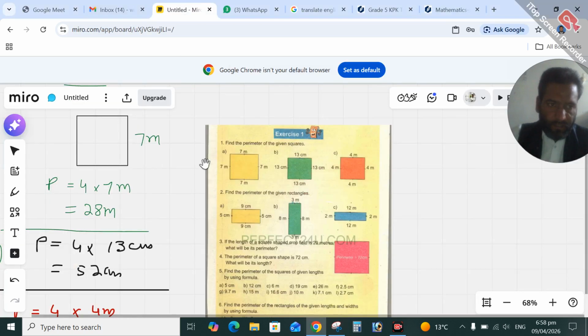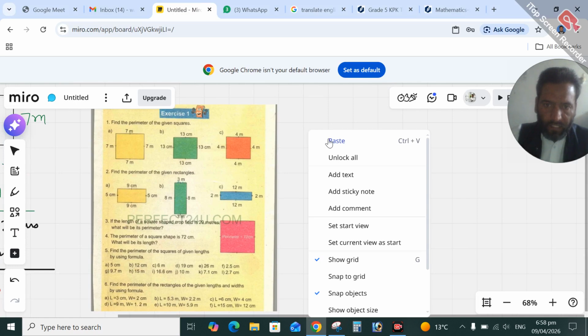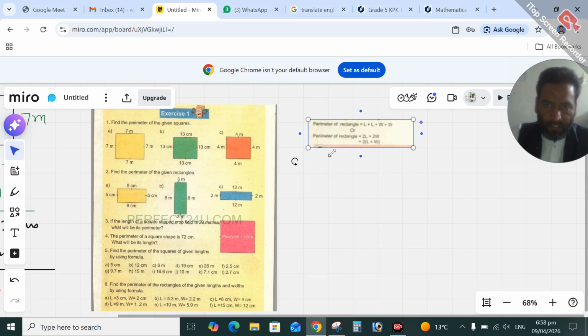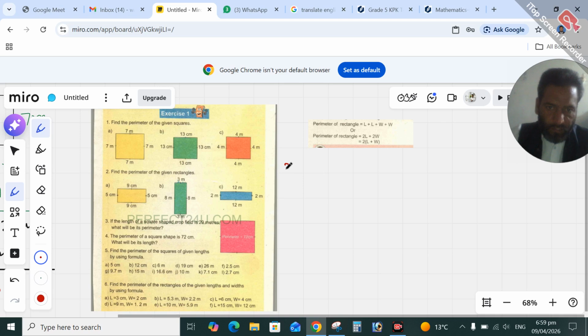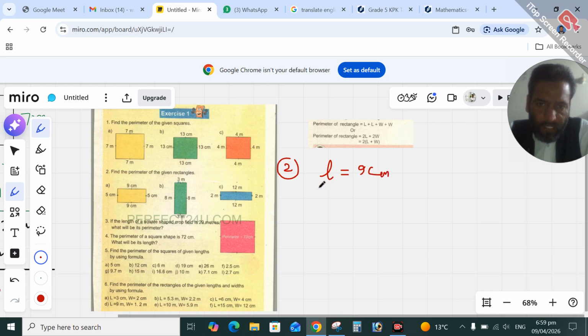Here we have to write down the formula for the rectangle. So in question number 2, part number 1, find the perimeter of the given rectangle. The length of the rectangle is 9 centimeter and the width of the rectangle is 5 centimeter. So let me write down, that is length L equal to 9 centimeter and width equal to 5 centimeter.